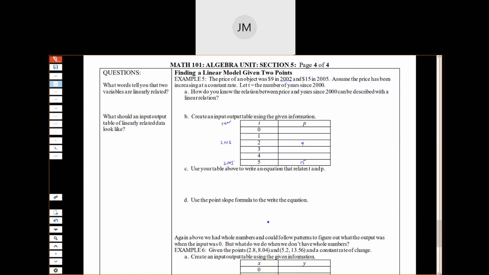It says to create an input-output table, and we could do that right now. It might be easier, though, to figure out the equation first. So if I want to find an equation, if I were to complete the table, and we've talked about this, the 0 value gives me my intercept, and then if I go from 0 to 1, whatever that difference is is going to be my slope.